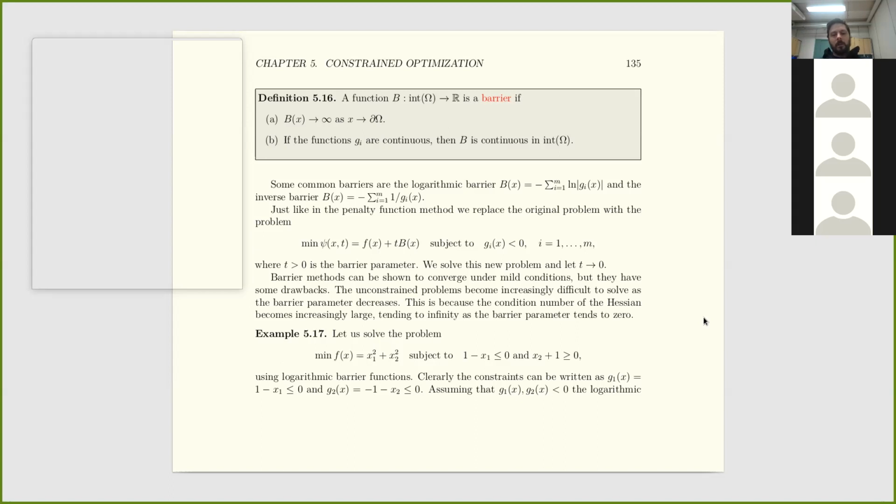Let's say I have an example here. We're solving the problem: minimize x1 squared plus x2 squared, subject to 1 minus x1 smaller than or equal to 0, and x2 plus 1 greater than or equal to 0.